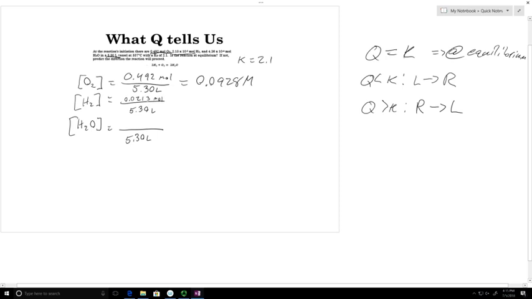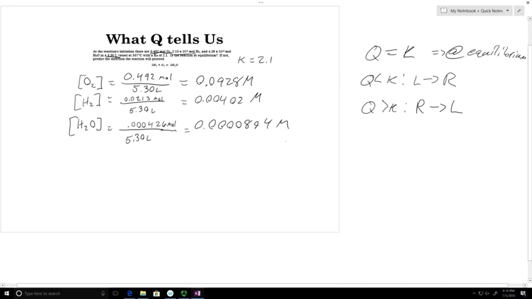And in the case of water, we have 4.26 times 10 to the minus 4, so 0.00426 moles. And again, we can calculate that using our calculator. We end up getting 0.00402 molar and 0.0000804 molar.